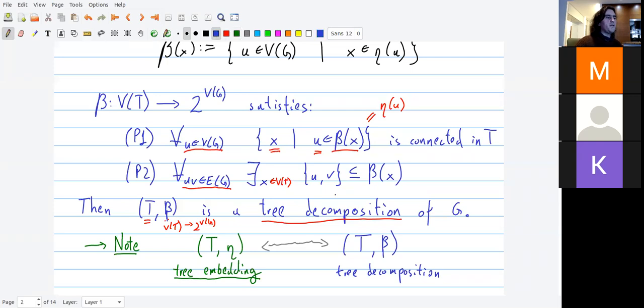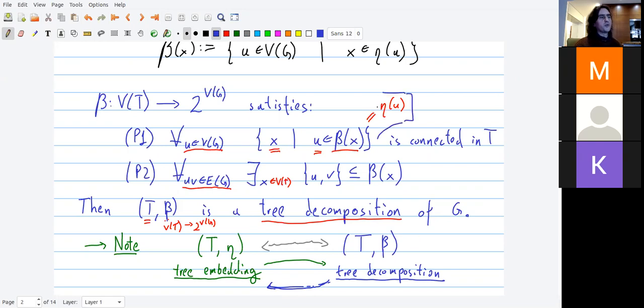On the other hand, if I've got a tree decomposition, I can go back, by looking at this definition.